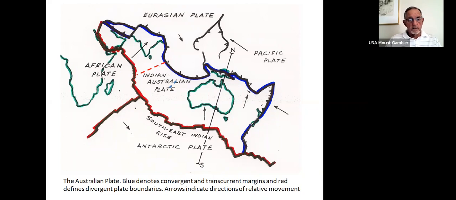The Australian plate: the blue denotes the convergent and transcurrent margins, and red defines divergent plate boundaries. There are also many transfer boundaries amongst those where they're dislocated and showing a jig-jog pattern. The arrows indicate directions of relative movement of the adjacent plates as well as the Australian plate.